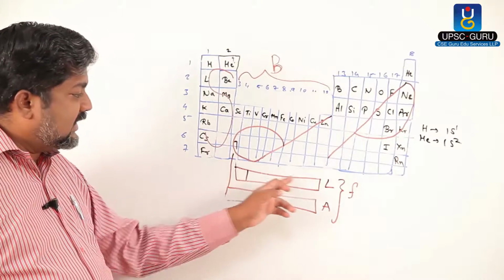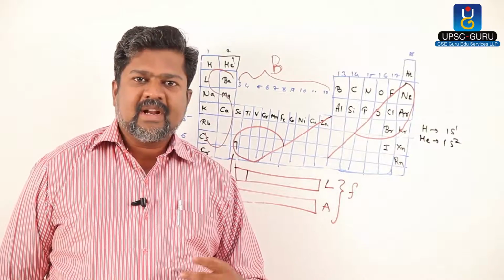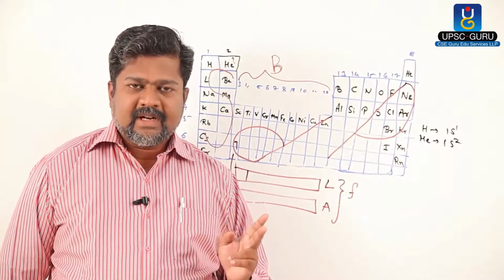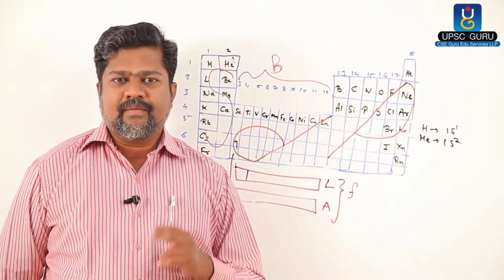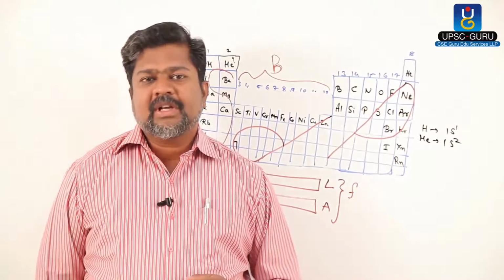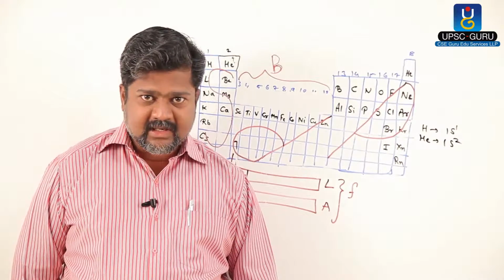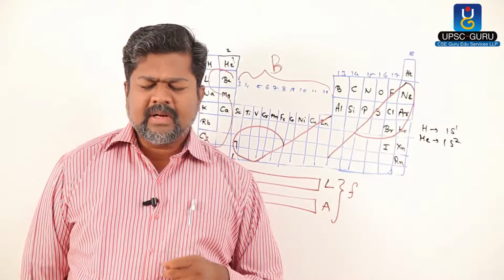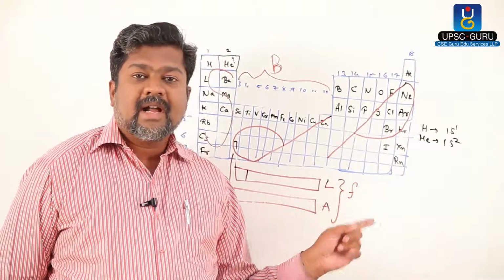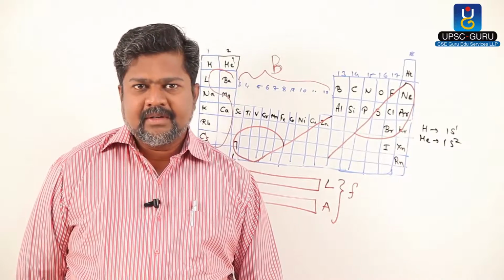Now in the electronic configuration of uranium, the shell under construction is 5f. The 6th shell is incompletely filled, the 7th is incompletely filled. That means the last 3 shells are incompletely filled. We are calling this category of elements inner transition elements.